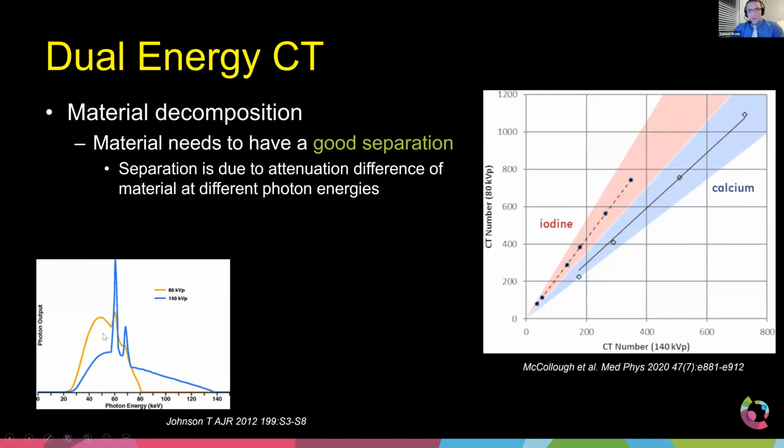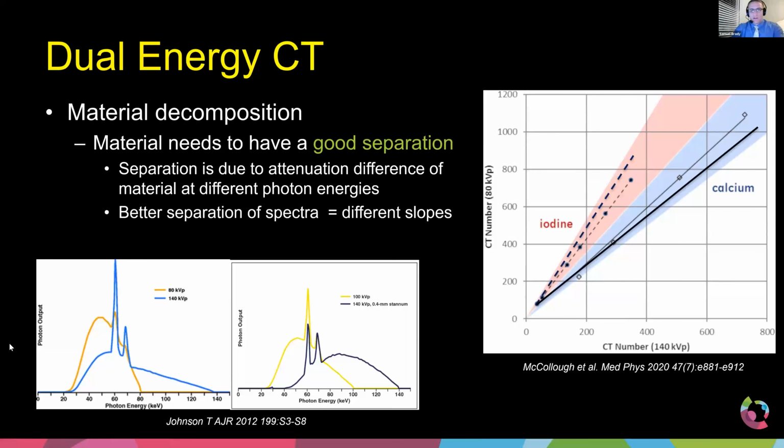Now, the more separated these two spectrums are, the better, with the 80 kV on one side and the 140 on the other side, because that shifts these curves farther away from each other. And so CT scanners that have a good way of separating these two curves will give us a much cleaner and more accurate calculation of what those different material types are in the body.